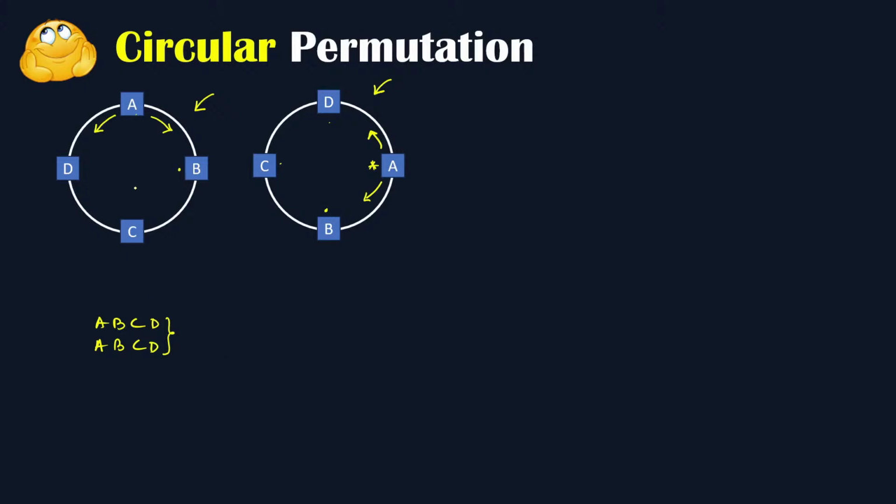So the first person says that 4 people are sitting in the way A, B, C, D. And the second person also gives the same report, that they are sitting in the manner A, B, C, D. But actually, all those people have already arranged among themselves, isn't it so? They have already shifted one place and they have taken the new arrangement. But since there is no starting point, to me, both these arrangements are the same.